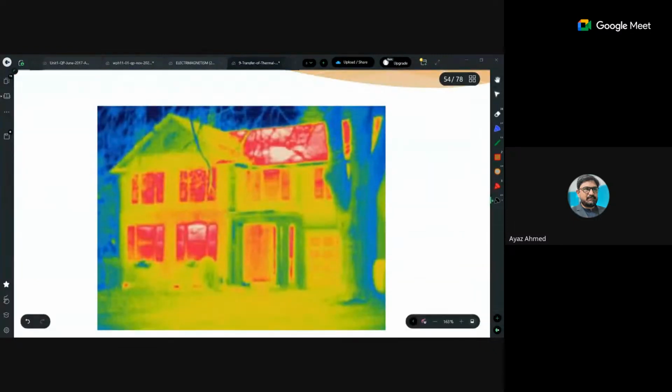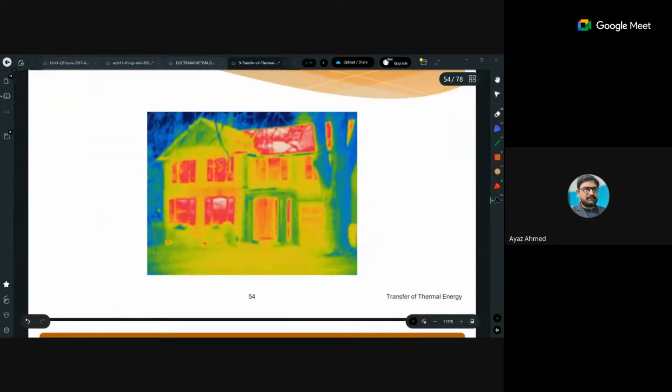So here is an IR image of your home. An IR image of the home means it is taken by some sort of thermal imaging camera.